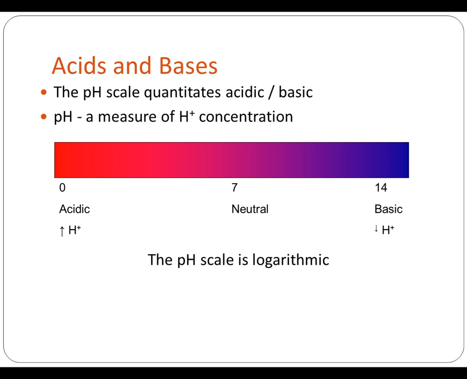What's the low end value? 0. Okay, so under where it says acid, the pH range is 0 up to neutral, which is 7, and then basic upwards of 14, the value.